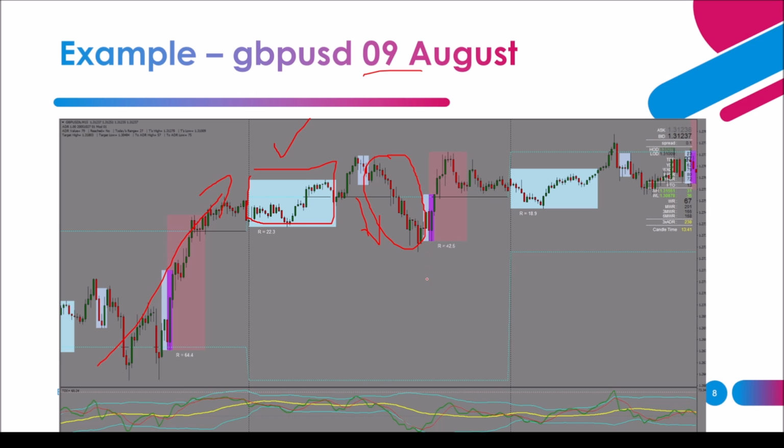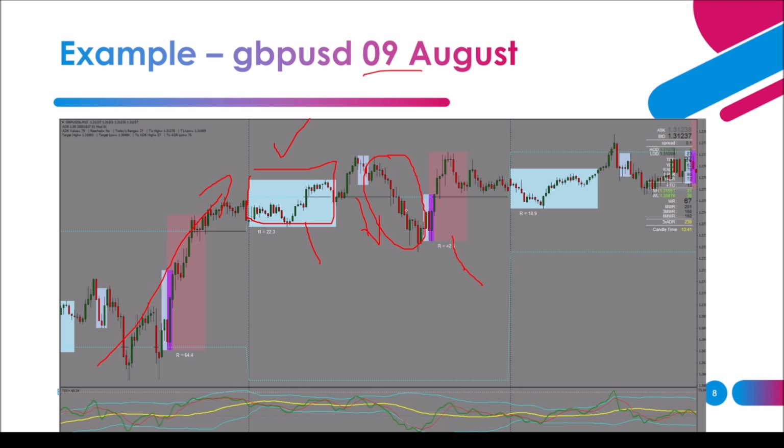And after that, we can see at US opening, I'll just give you a key of what is on this chart. This blue box is actually the Asian session, this red box is the US session, and this clear area is the London session.